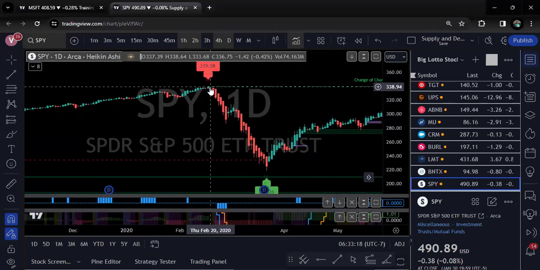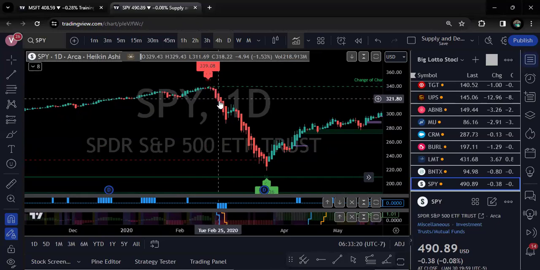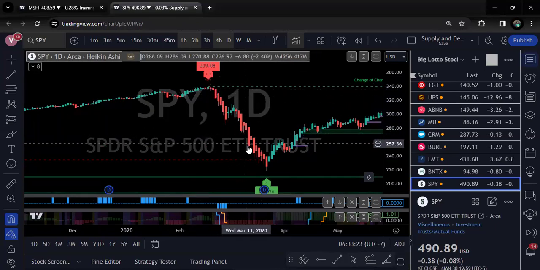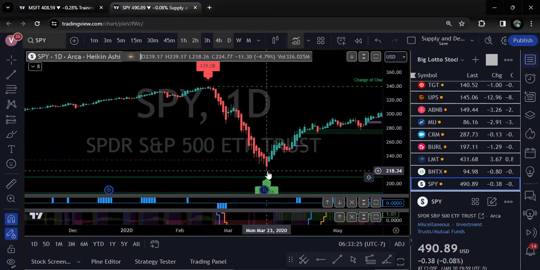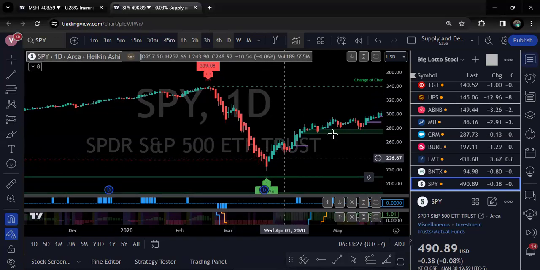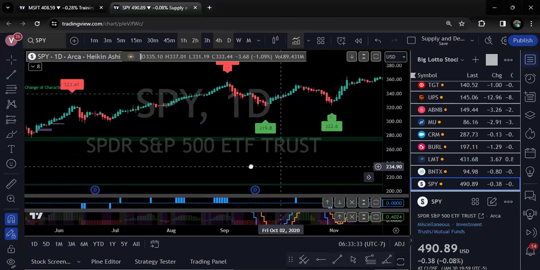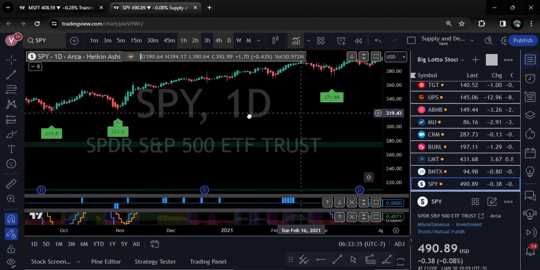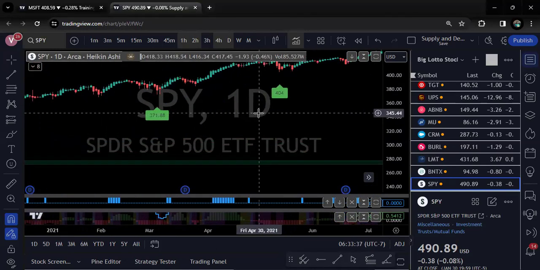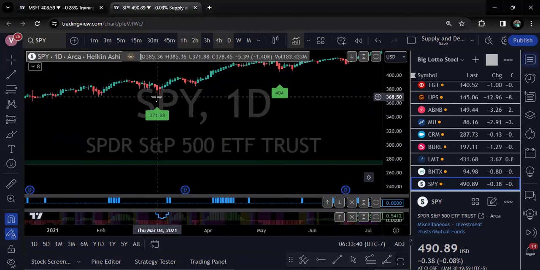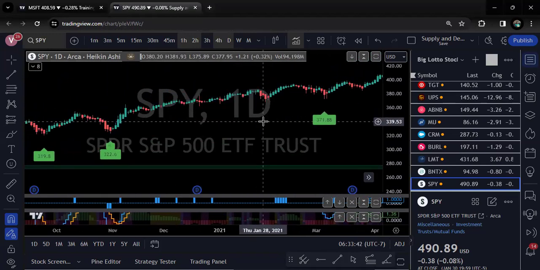And then February 20th, we became bearish. It went on all the way to almost the end of March. And then we started being bullish. Okay, so that was in 2020. Now, 2021 and 2022, because of COVID, you might see some difference.